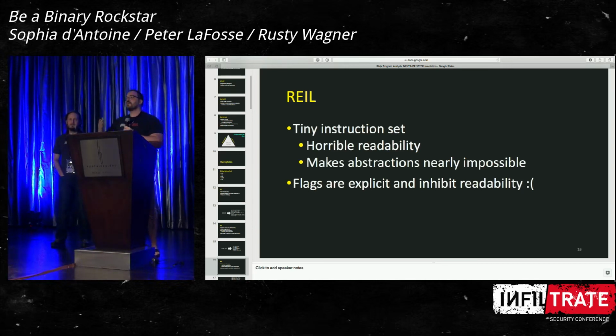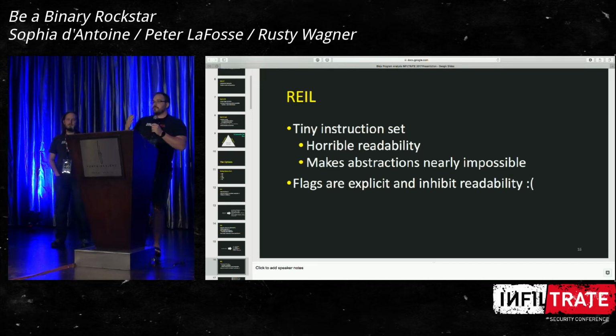But of course, you don't want a minimal instruction set. That can't be the only goal here. It helps for some things, but it hurts for other things. If you want to have a higher level of abstraction, it's nearly impossible to do with an instruction set with an incredibly minimal number of instructions.